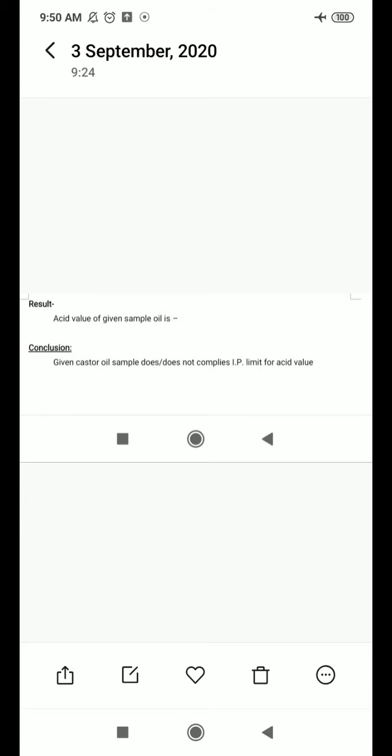If your sample's value passes this test, we can say the given sample complies with the IP limit for acid value. If it deviates, then the given castor oil sample does not comply with the IP limit for acid value.